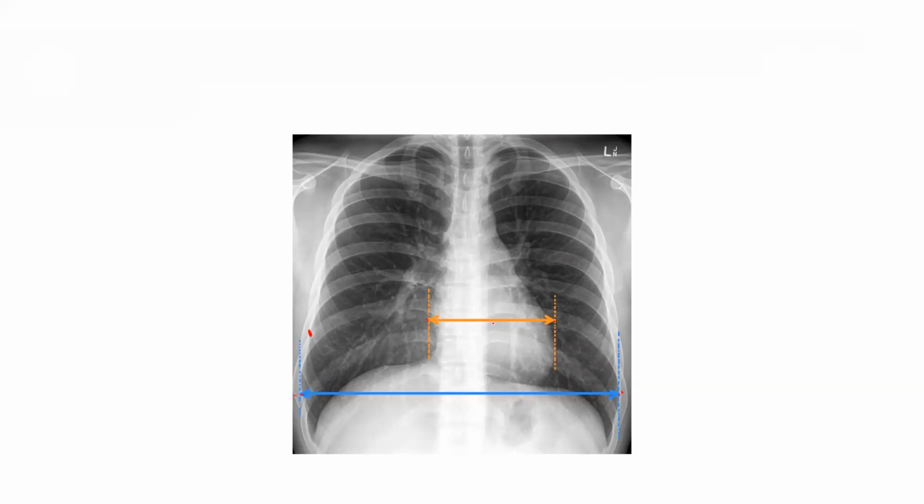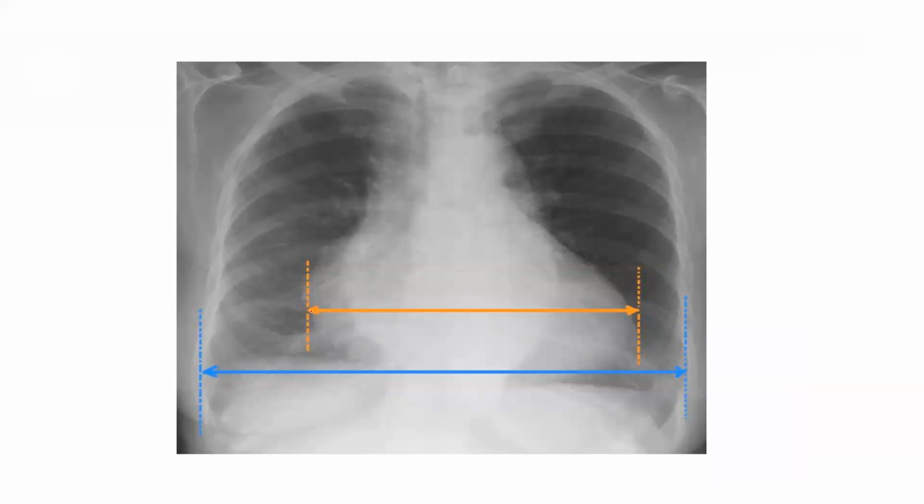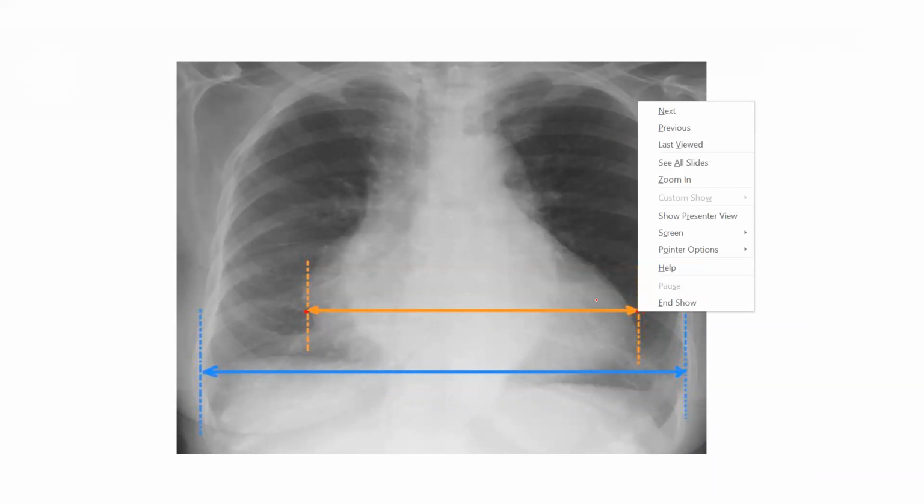Look at this, see how much there is an increase. Here there has been dilation or hypertrophy of the right ventricle, so the ratio will come out to be more than 0.55. So there is enlargement of the cardiothoracic ratio. You'll find enlargement of the pulmonary artery and ventricular dilation. These are the things you can find in the chest radiography.